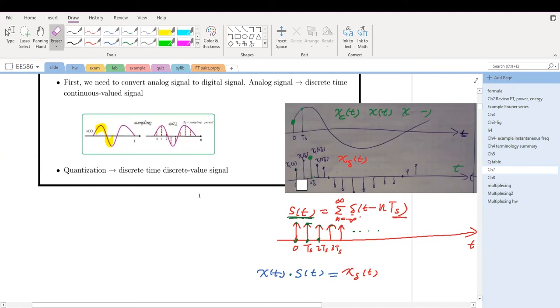We have another delta function whose magnitude is the signal value at Ts. And at 2Ts, that is another delta function, scaled by the signal value at 2Ts. Therefore, this sampled signal is a direct multiplication of the continuous time function by the ideal impulse train.